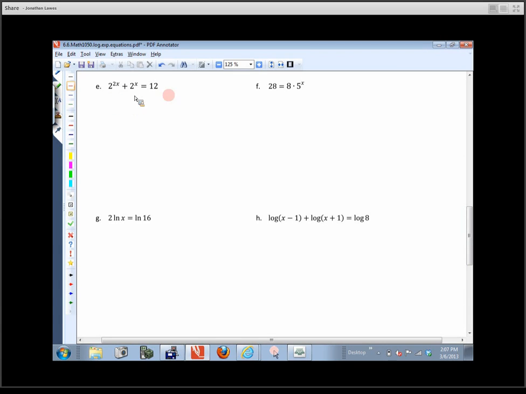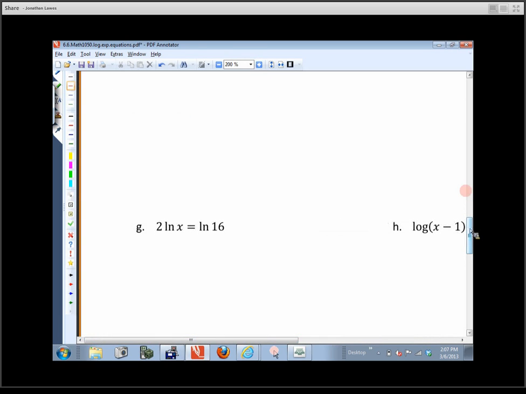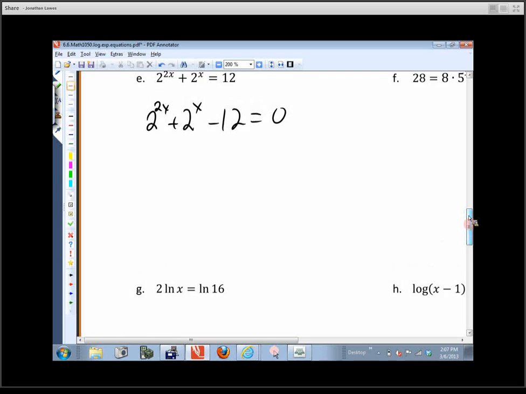I'm hoping that this looks somewhat familiar. What if I did this? How many terms? We've got 3 terms. If I've got 3 terms, then I've got a trinomial, right? Is this true?